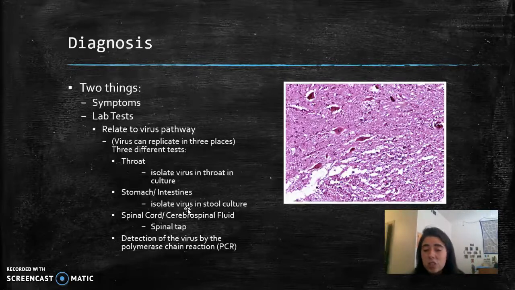The stomach and intestines, you isolate the virus in stool culture, and this is most commonly used because it's cheap. And then you can also do it via cerebrospinal fluid, which is from the spinal cord, via a spinal tap, and this is more expensive and obviously hurts more. And the virus can also be detected via polymerase chain reaction.